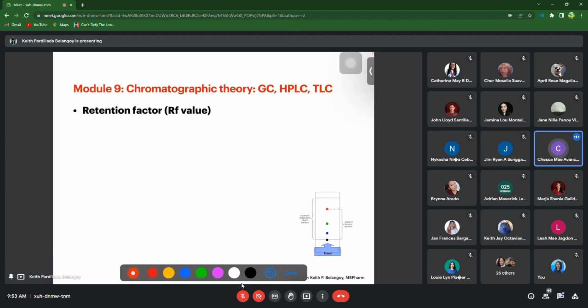Hello, Miss. The retention factor of a particular material is the ratio of the distance the spot moved above the origin to the distance the solvent front moved above the origin. It can be calculated using the formula Rf equals distance traveled by solute over distance traveled by solvent.